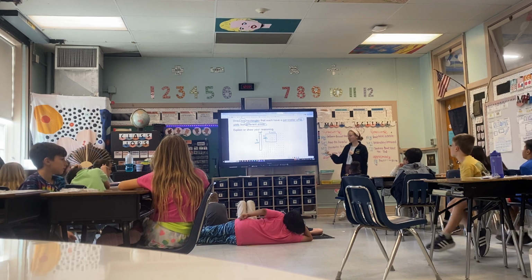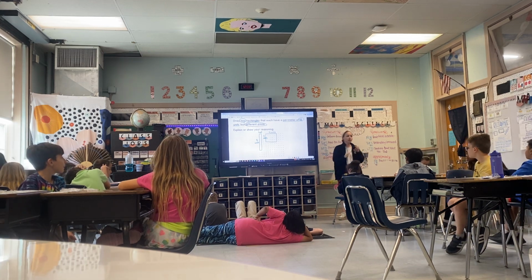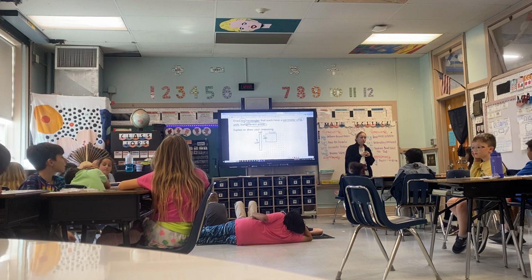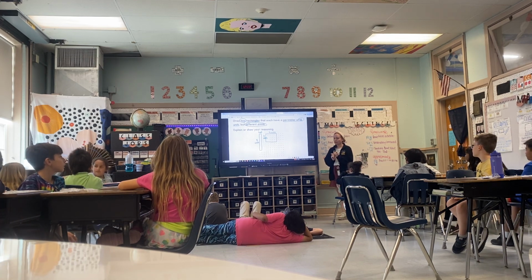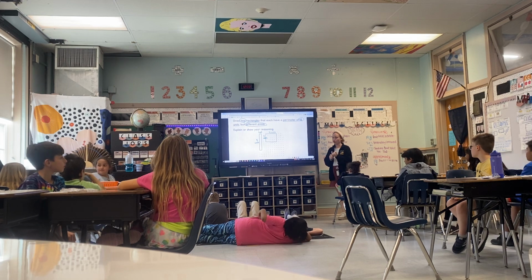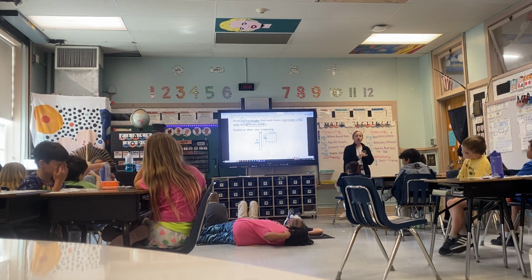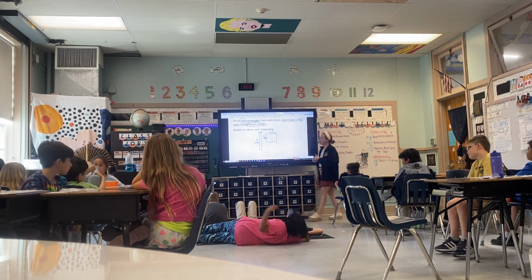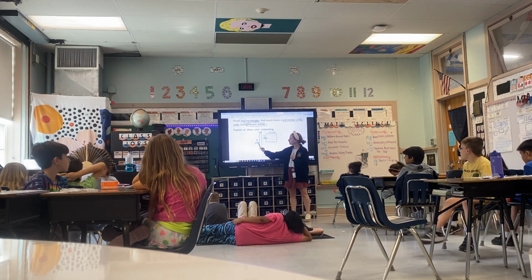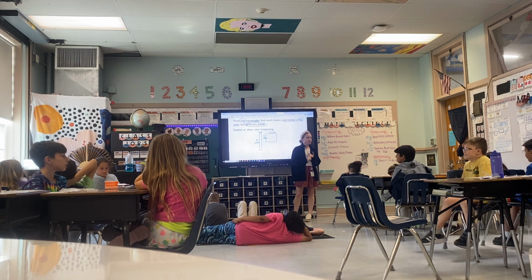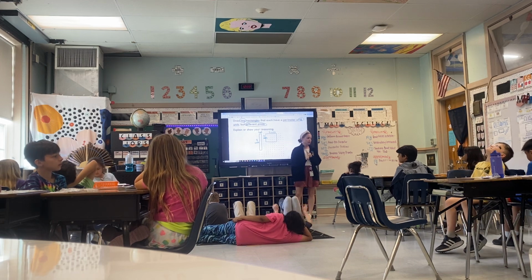So when I pass your exit tickets back, the only thing I want you to focus on is, did I label? If you didn't, what is your job? To go and label it. And maybe you did label it, but maybe you didn't include units. So your job is to check that you even wrote units.